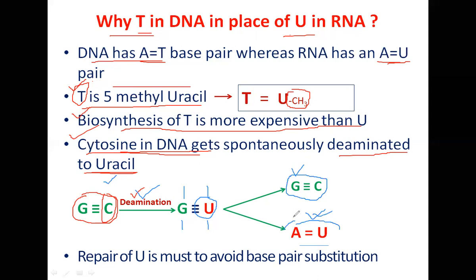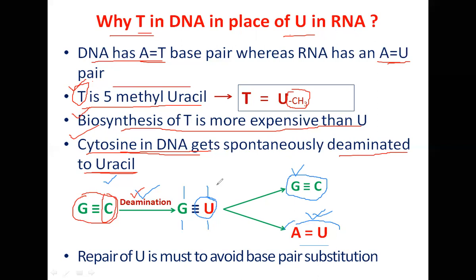But had there been U in place of T in DNA, then it would have been really difficult for the repair mechanism to distinguish between the normal U, which is present in the DNA as part of the AU base pair, and this particular U, which has been produced as a result of deamination of cytosine.